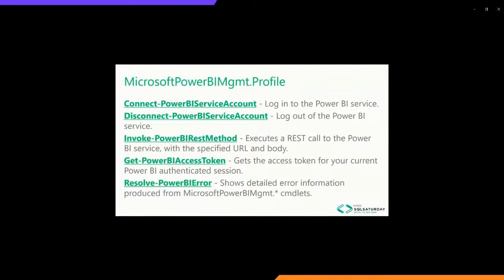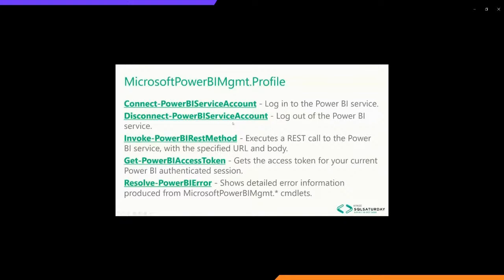A few quick notes about some of the most important Power BI management commandlets. So, as I said, Connect-PowerBIServiceAccount is used to authenticate you against Power BI. In practice, you always have to call this, otherwise you will not be able to connect to the API.